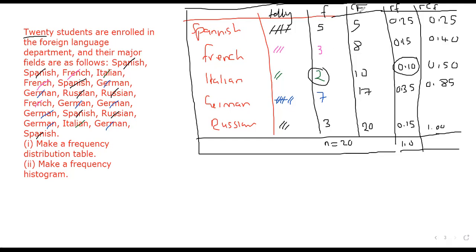For relative frequency, this one was 5 over 20, this one was 3 over 20, this one was 2 over 20, this was 7 over 20, this was 3 over 20. So that's how we're finding these figures here. Is that clear?